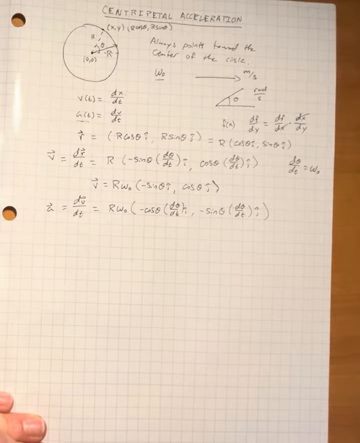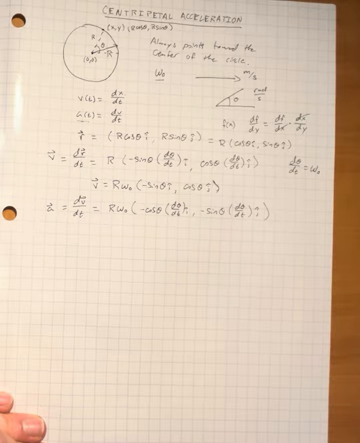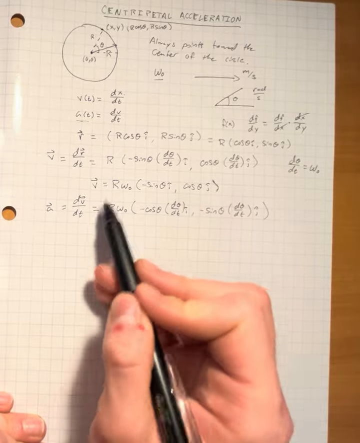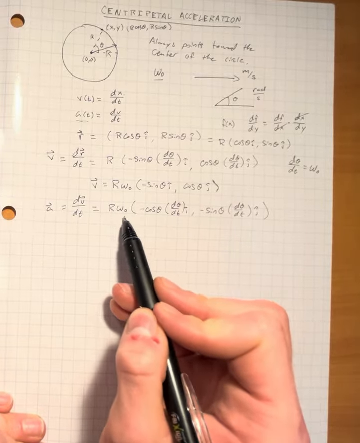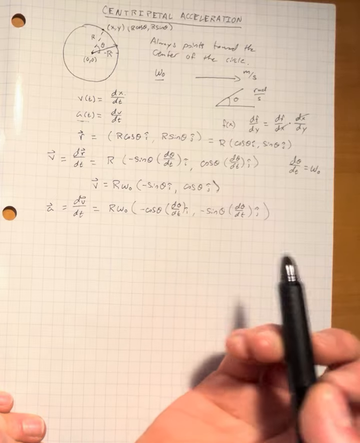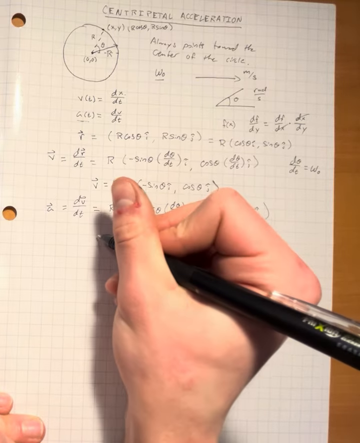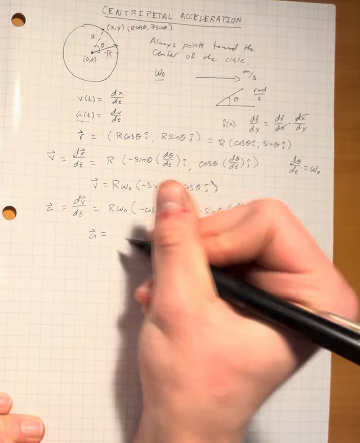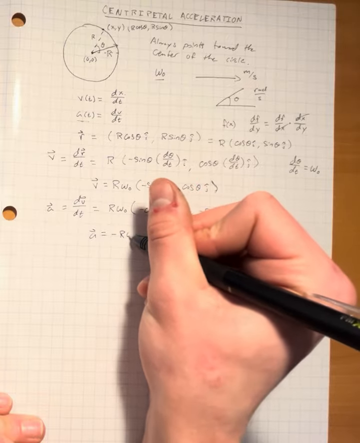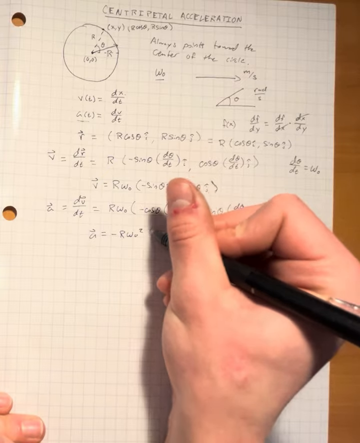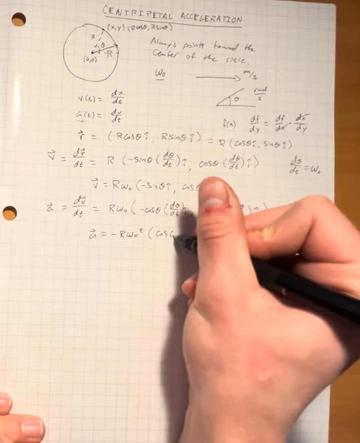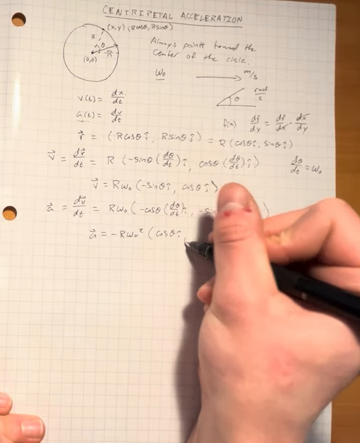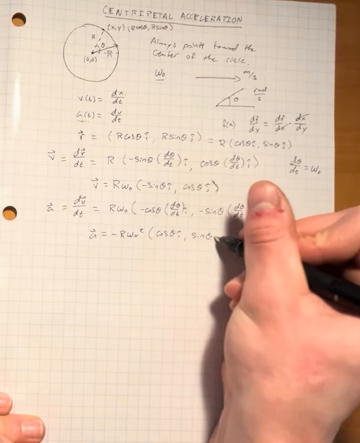I'm going to simplify it a little bit because this d theta dt is still just omega naught, so I'm going to bring this out to the outside. That's going to make the omega naught squared. I'll also bring the negative 1 to the outside. So what I'm going to get is that the acceleration vector is negative r omega naught squared times cosine theta i hat, comma, sine theta j hat.